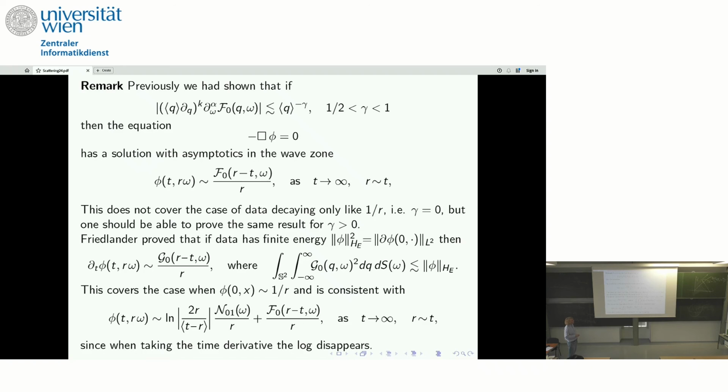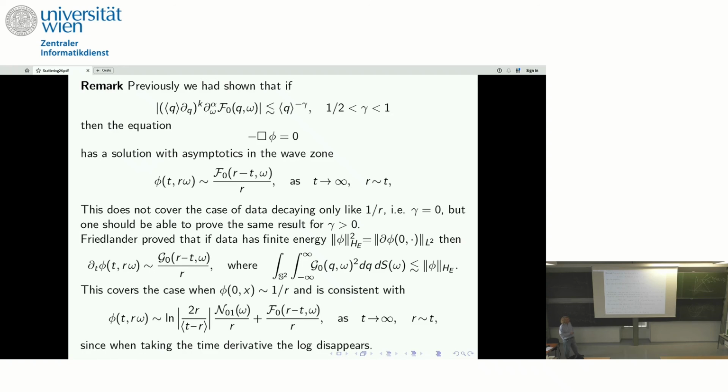And he proved that if you take the time derivative of phi and call that G0, its L2 norm is determined by the H1 norm of initial data. So that seemed to imply that there is a map between the radiation field and the initial data that doesn't even lose regularity. And that looked all well, but the thing is that it's just for the time derivative.